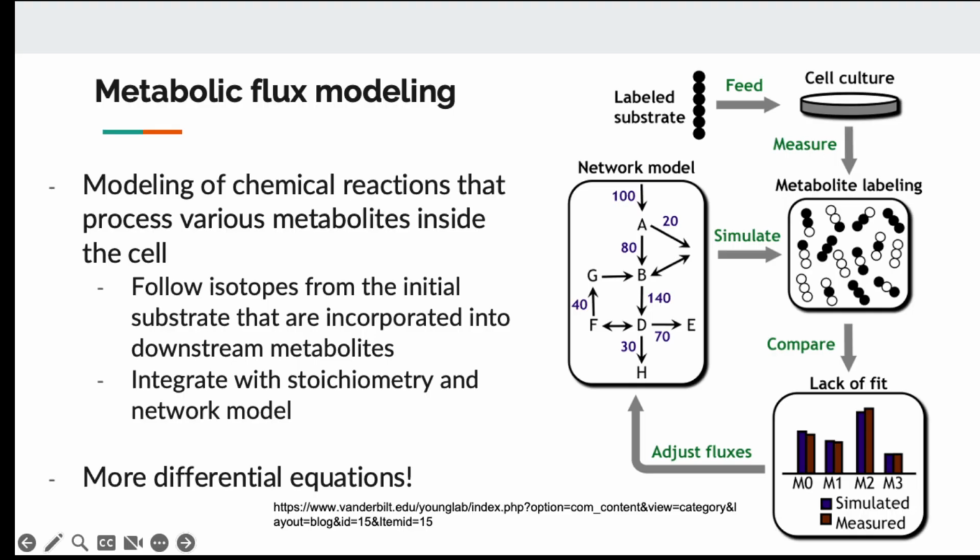Because we label the original substrate with the isotope, we can monitor how much of each metabolite, A, B, C, D, E, F, G, is labeled. So we can monitor how fast the substrate got used, and what fraction got turned into different metabolites. So we can monitor the fraction of the isotopes.